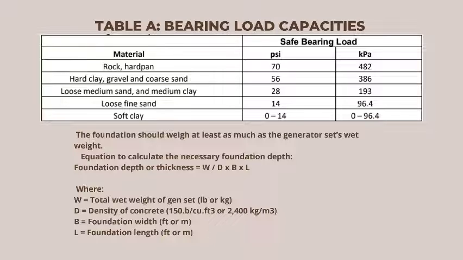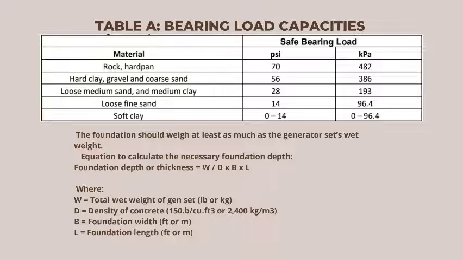Loose medium sand and medium clay is 28 in PSI and 193 in kPa. Loose fine sand is 14 PSI and 96.4 kPa. Soft clay is 0 to 14 PSI and 0 to 96.4 kPa.